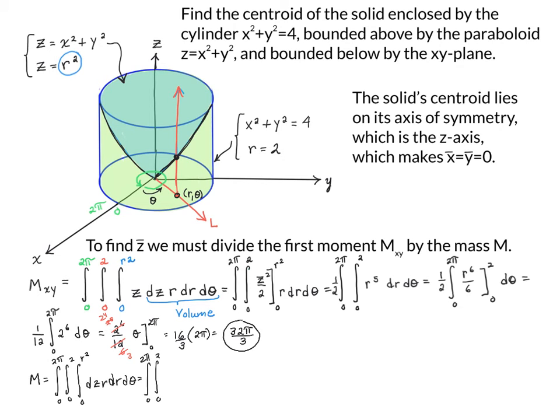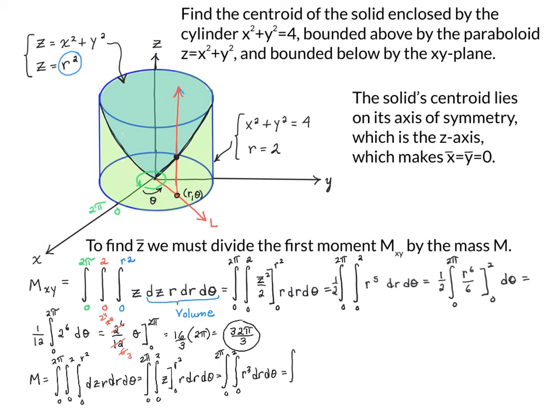And our antiderivative is just z here, evaluated from 0 to r squared. And then we have r dr d theta. A lot of writing here, 0 to 2. Okay, so our z is r squared, so it's just r squared times r is r cubed, dr d theta.